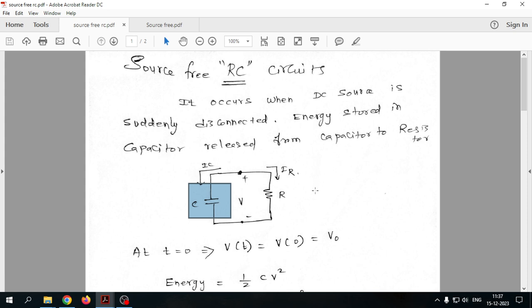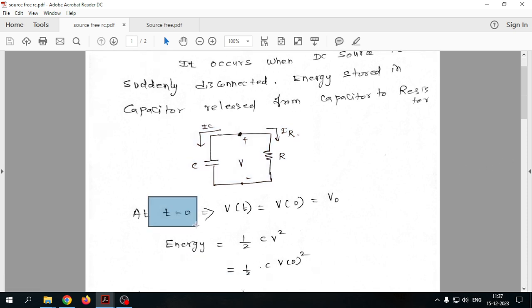In general, we can say this is how the circuit with only R and C behaves when there is no source. That is called a source-free RC circuit. First let us assume at t equal to 0 that the initial voltage V of t, which is V of 0, is equal to V naught. At t equal to 0, the source is disconnected.